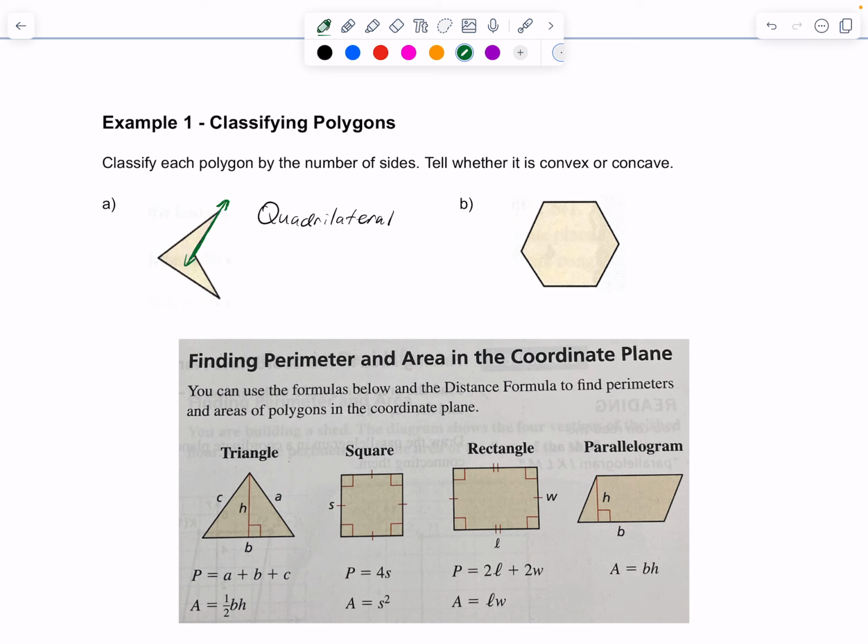So thinking inside the caves, this is going to be concave. Let's look at the next one. The next one has 1, 2, 3, 4, 5, 6. So that's a hexagon for this polygon. And if I were to try to draw any lines here, I'm not ever going to be on the inside of the polygon. So this is going to be convex.